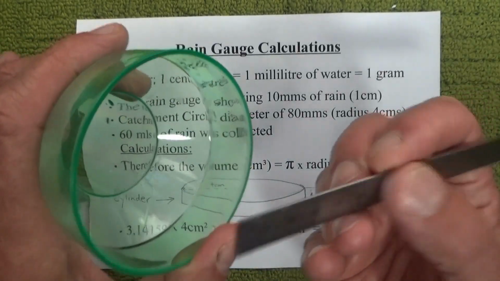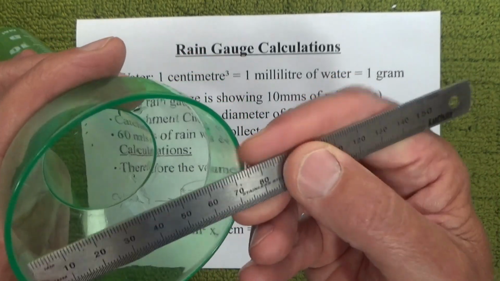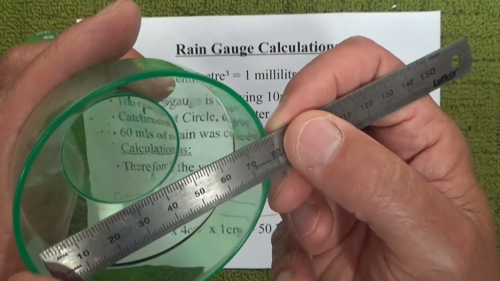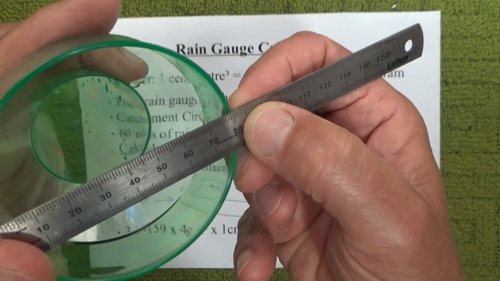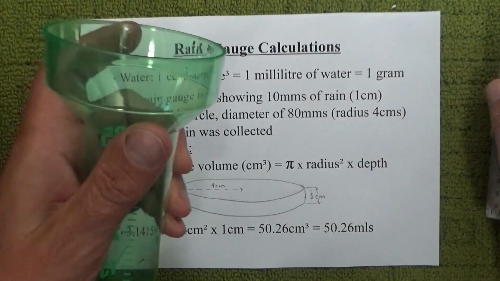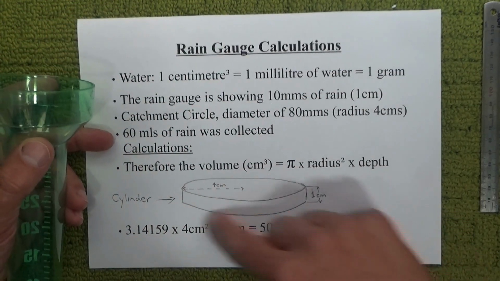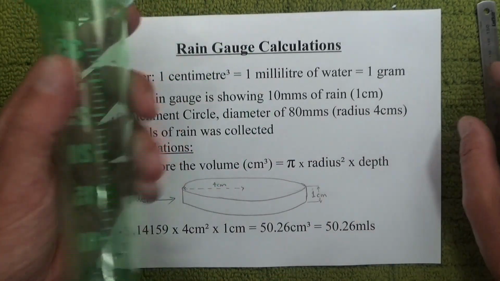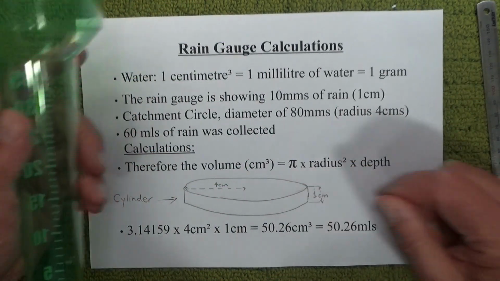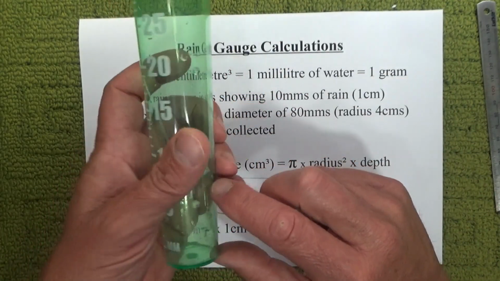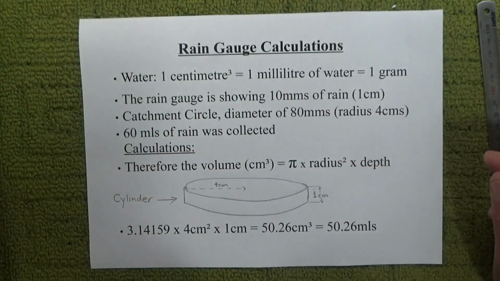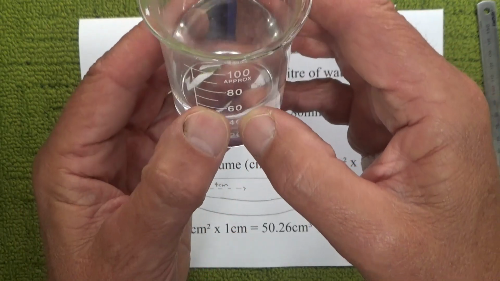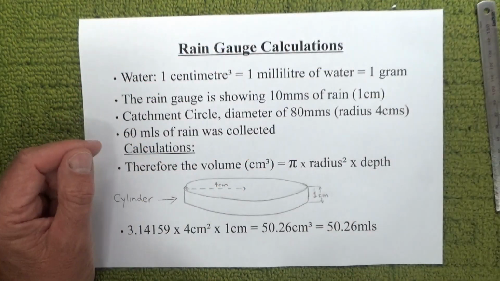So because I know the diameter of this circle, which is the catchment for the rain gauge, then using some simple calculations for the volume of a cylinder, I'll be able to calculate the volume of the water that's in the rain gauge.